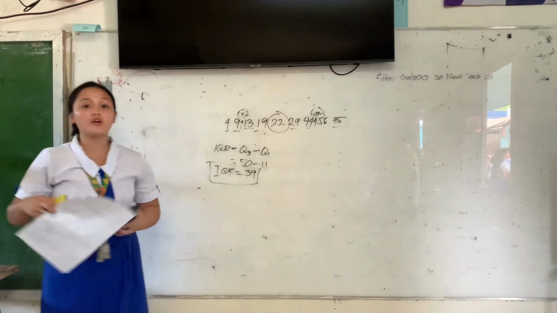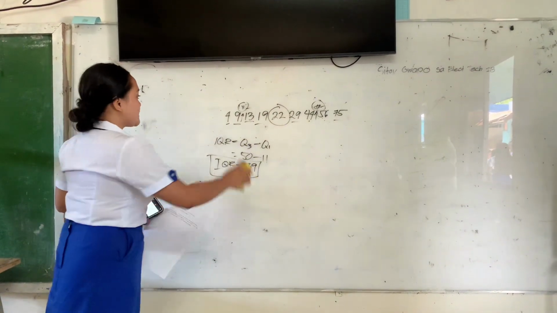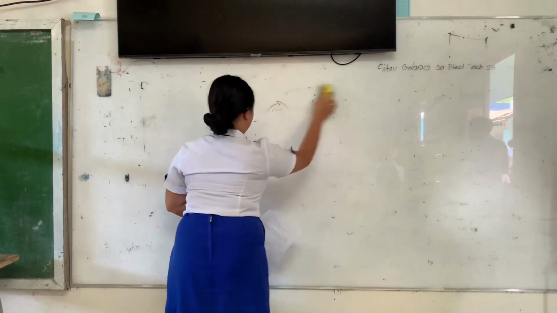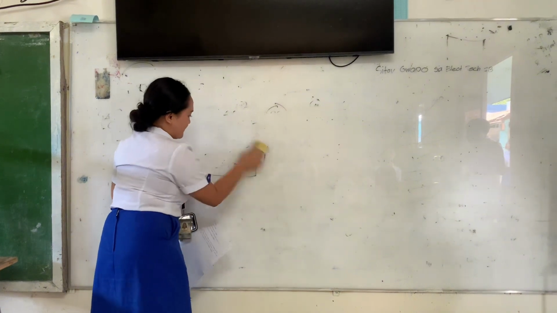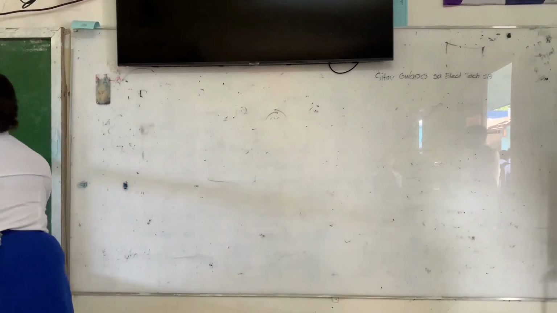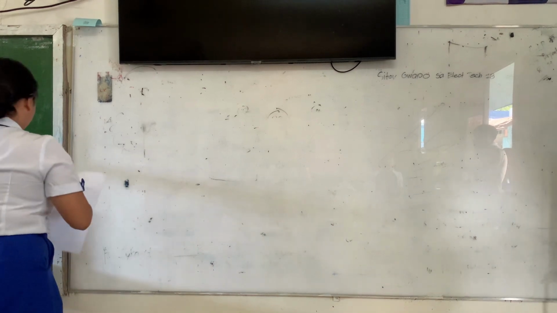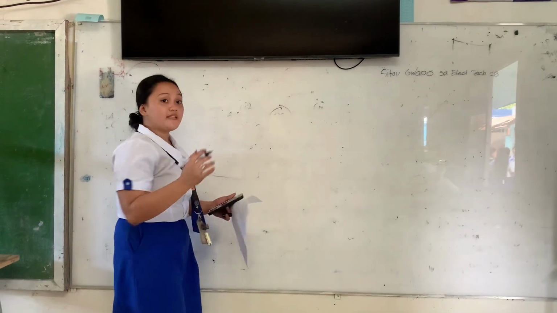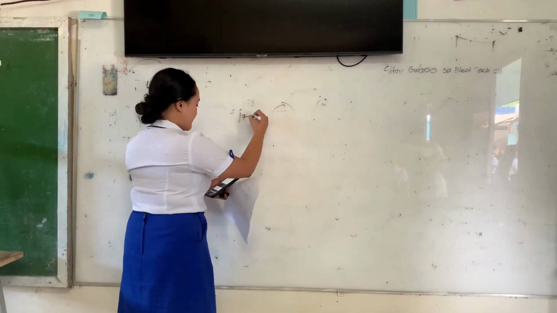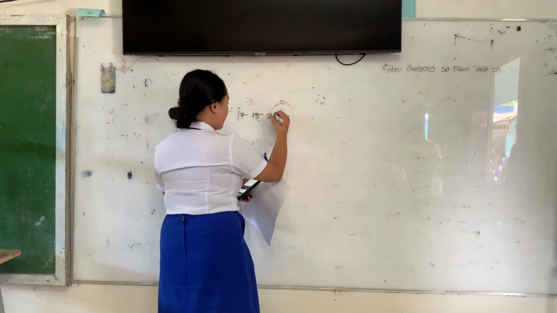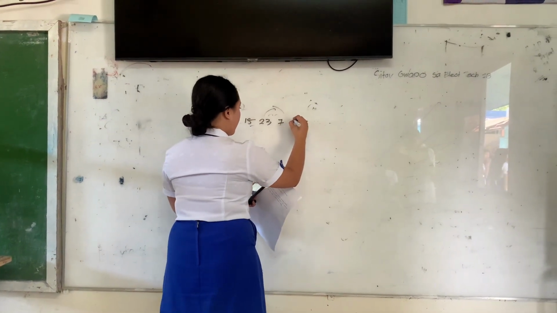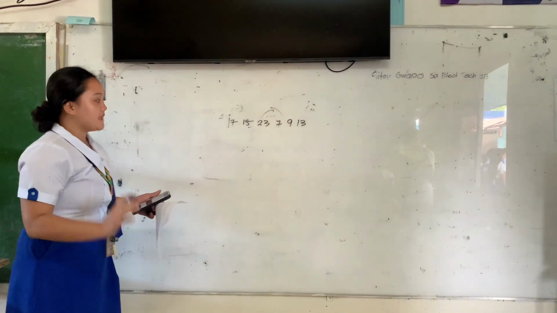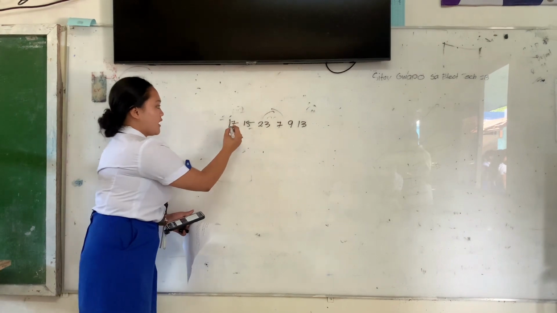Next, we will learn how to solve the variance. I will give you another example. The data is 17, 15, 23, 7, 9, and 13.